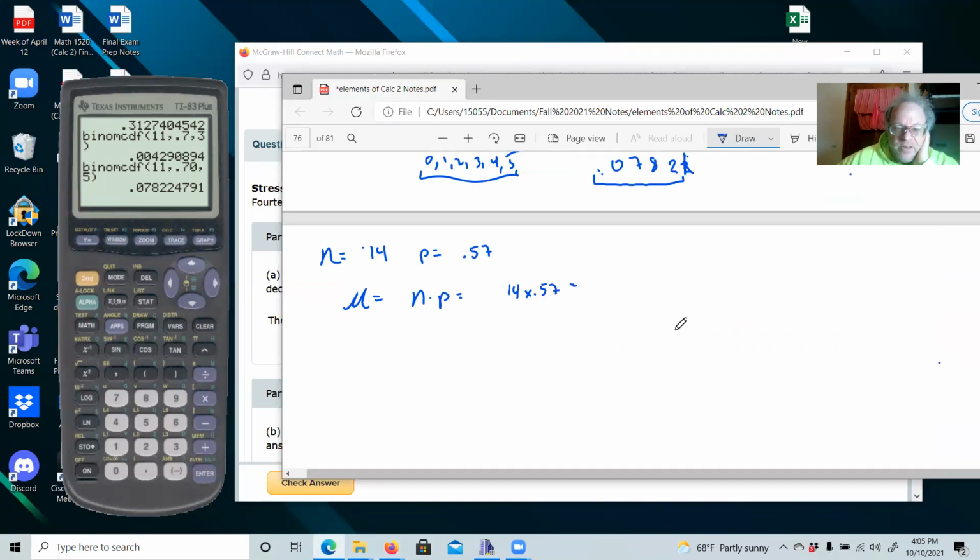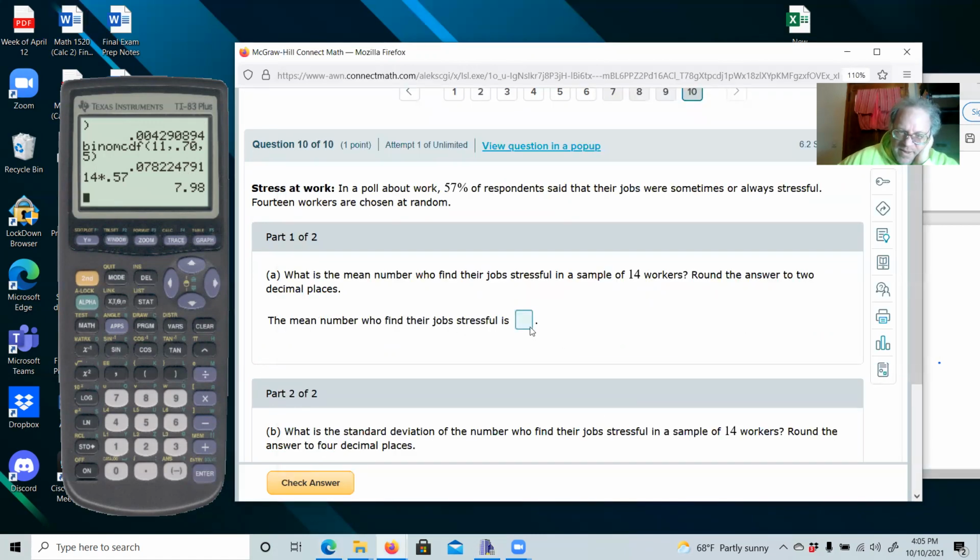Okay, and this is equal to 14 times 0.57. Okay, 7.98. Almost 8 people. Okay, the way they use this is, if HR wanted to care about their employees, they might say, in this section, we're going to have almost 8 employees that experience high levels of stress.